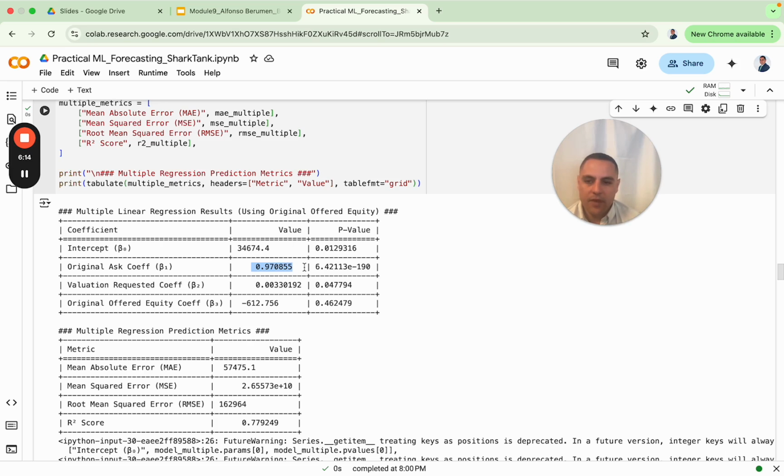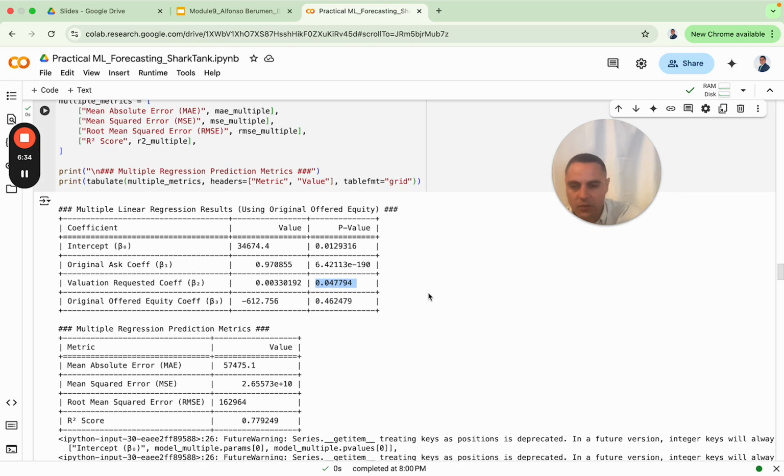And in fact, valuation requested is significant, but the effect is fairly small, right? When you increase valuation requested, controlling for other factors, there's a 0.0033 increase in the total deal amount, and it's on the border in terms of significance, right? 0.047, still less than 0.05.